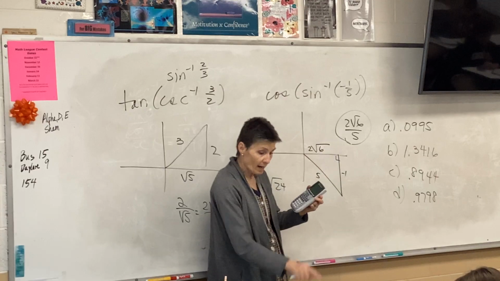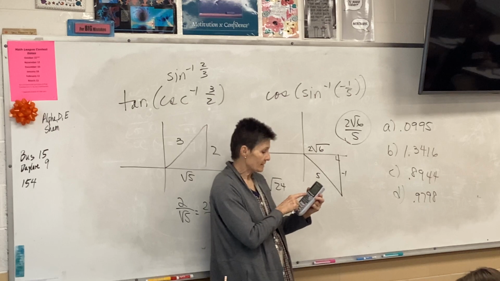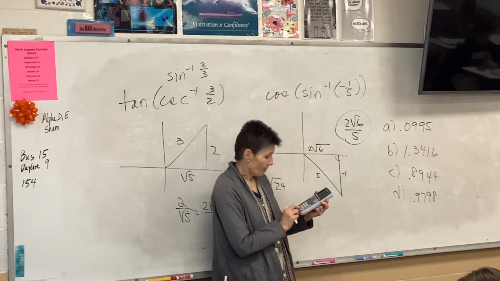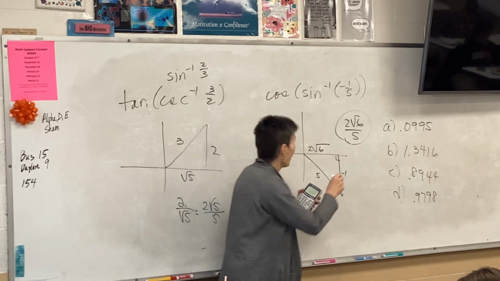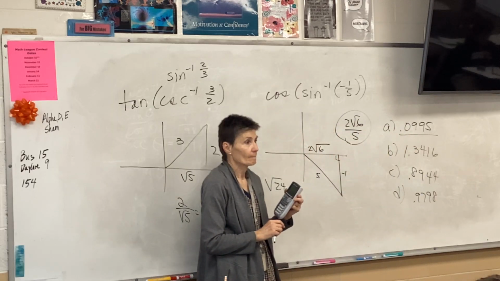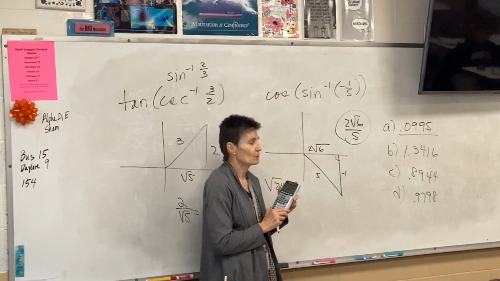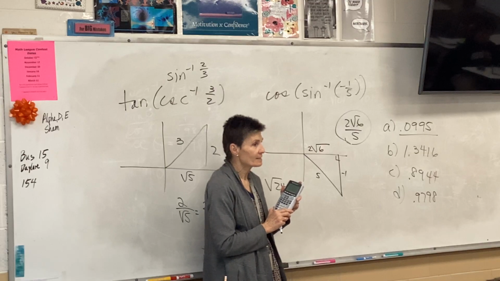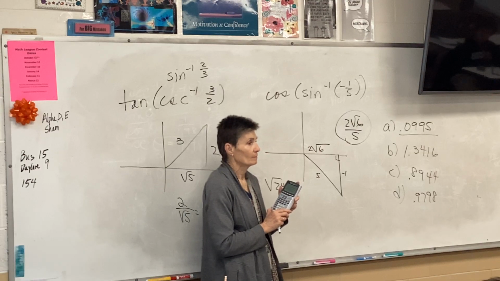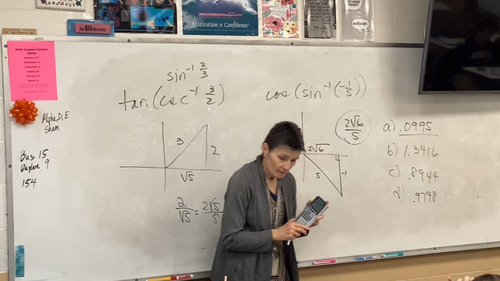So for problem 3A, you're gonna type sine, second tangent, 0.1. Oh, I put negative 1 on that. Yeah, I got that.